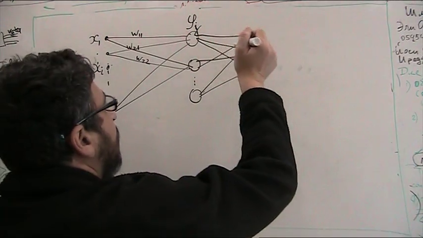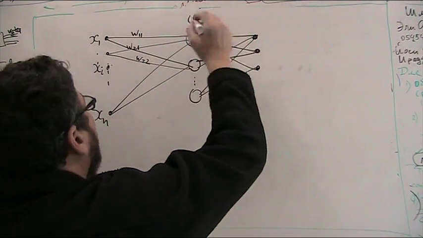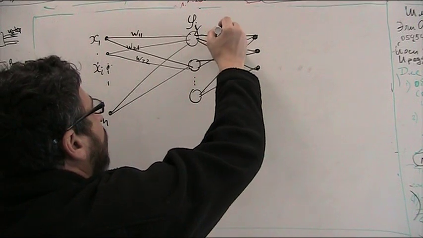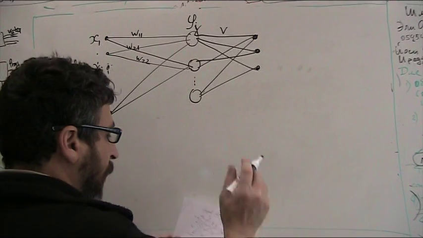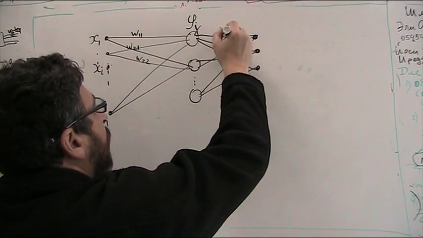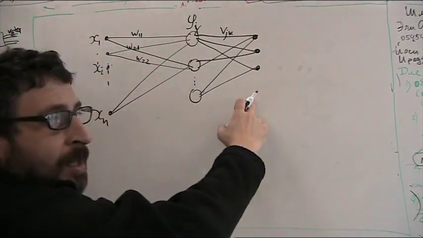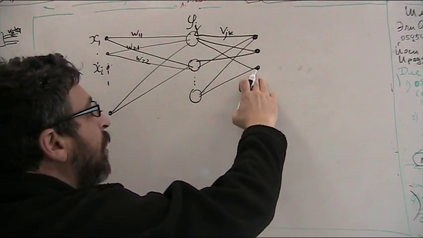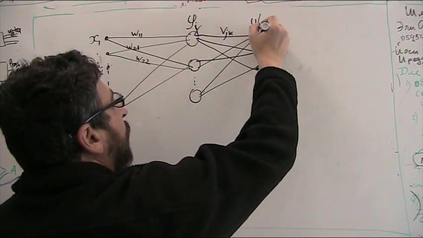And let us denote those weights by a different letter, for example, as V, j, k. And this function, as I said, in the example which we will consider will be linear, but in general I will write this as psi k.